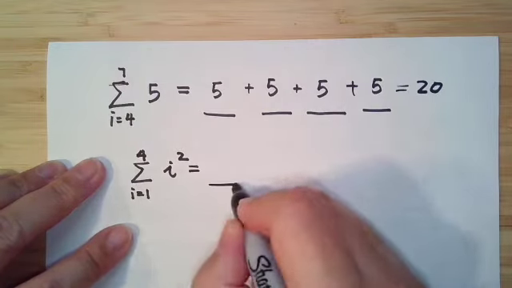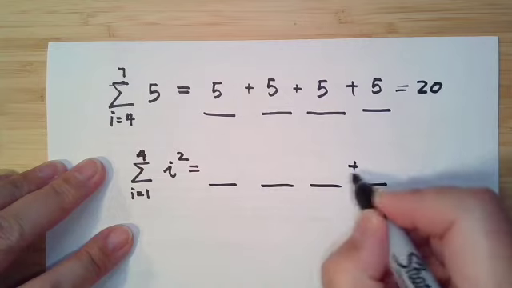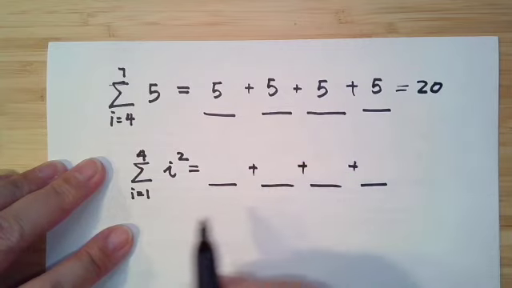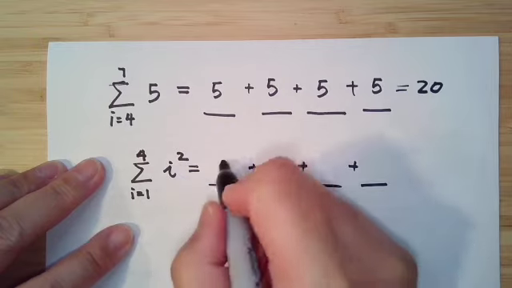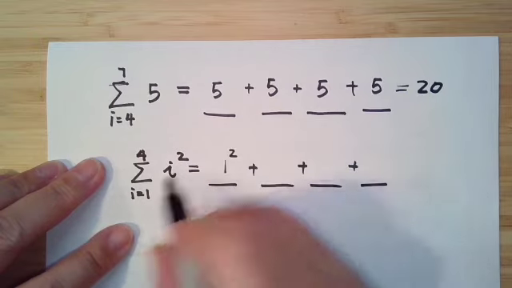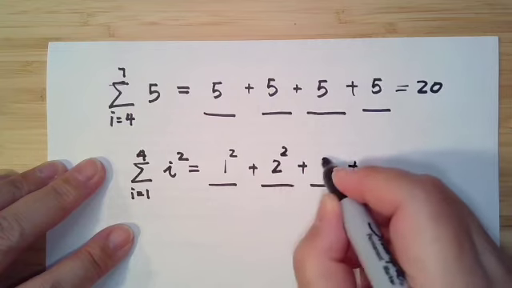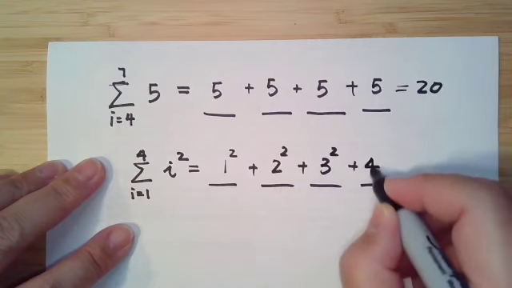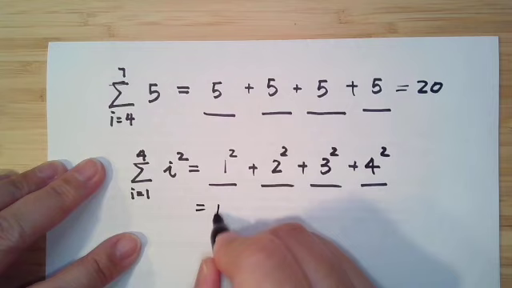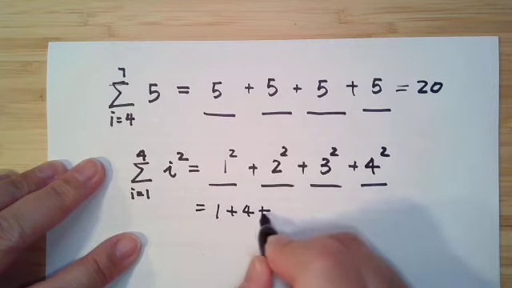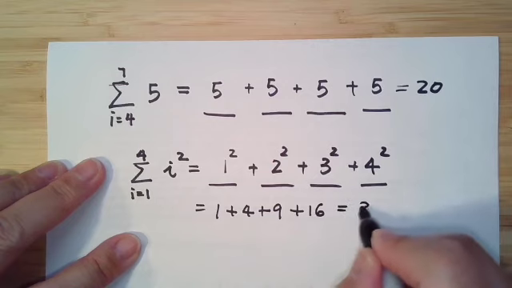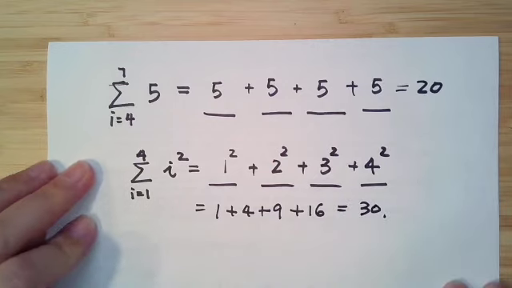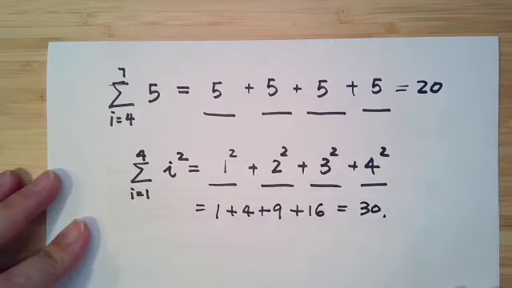And for each term, I need to plug in i into this expression. So that will be 1 square, then 2 square, then 3 square, and a 4 square, which is 1 plus 4 plus 9 plus 16. So the answer is 30. Okay, so this is everything about the sequence.